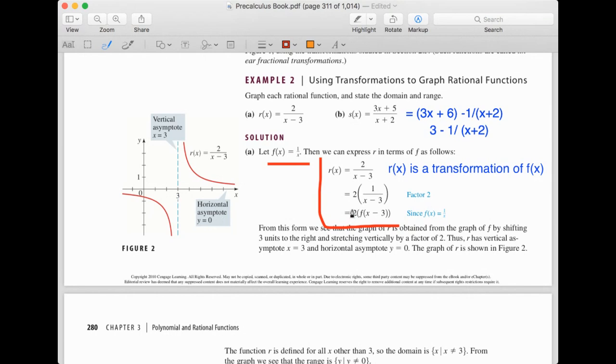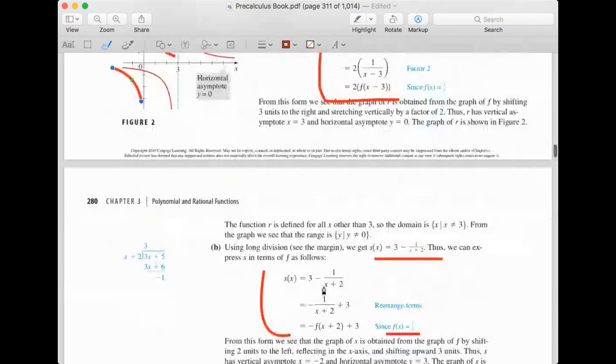And the 2, every y value is being scaled by 2. Before we have 1 over x, we have a graph here, we have one branch there, we have one branch here. Now it's more flat because every y value is being increased by 2. So that's the graph of the first one, r of x.